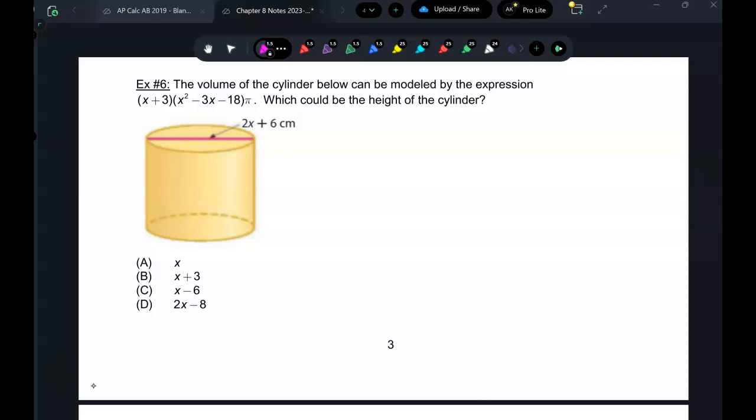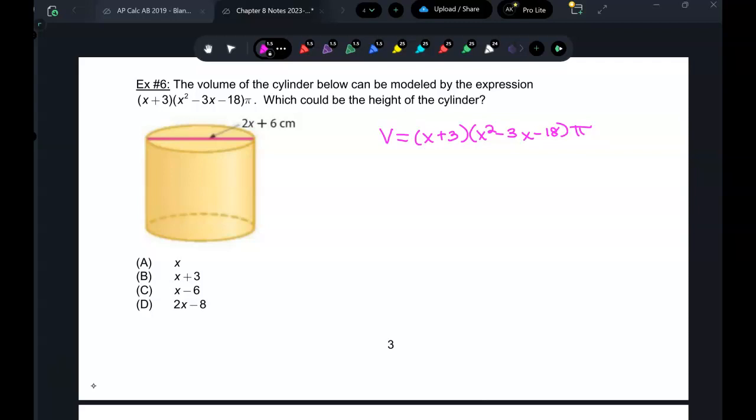Which one? So volume is, so here we go. All right, so here's the volume. Which one of these could be the height? Okay, so we're plugging in answers here.